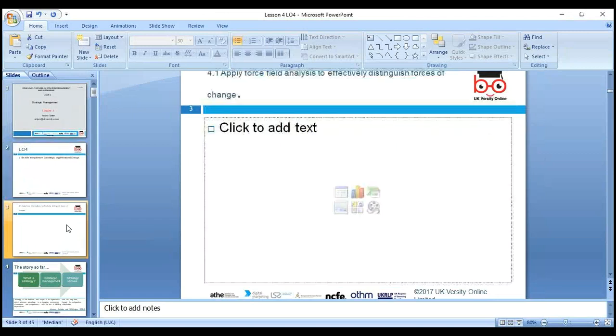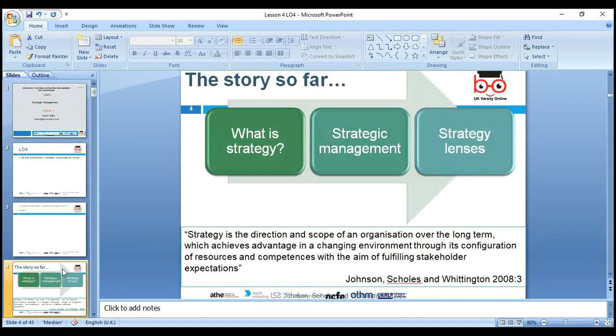Lesson 4B, implement strategic change. How can we implement change? When we implement change in any organization, first of all we need to look at what our corporate objectives and strategies are, and why we really want to change.